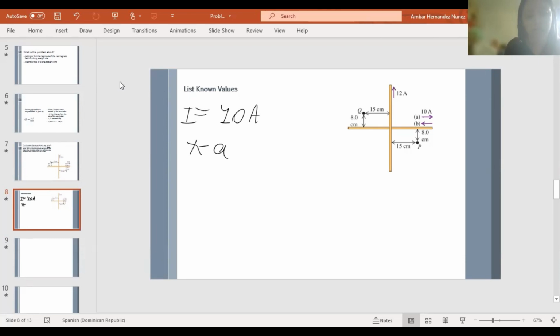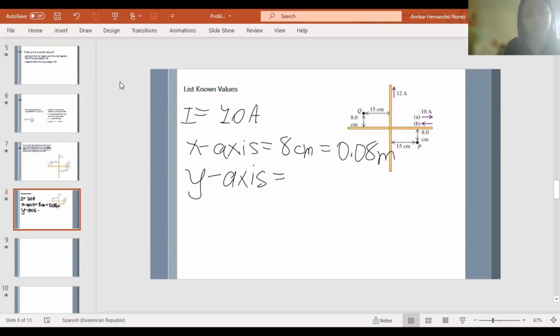We have from the x-axis, 8 centimeters. We convert to meters, 0.08 meters. And we also have from the y-axis, 15 centimeters, equals 0.15 meters.